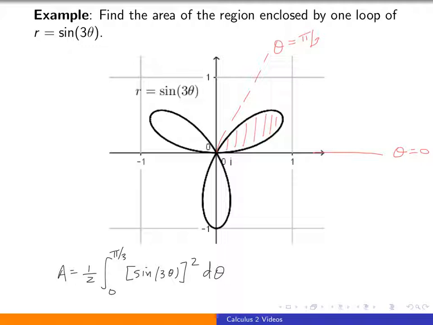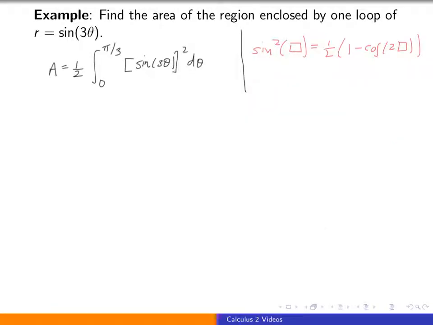So let's evaluate this integral. Once again, to evaluate this integral, it's useful and necessary to recall this double angle formula from cosine. Sine squared of something, in this case that something is 3 theta, is equal to 1/2 times 1 minus cosine of 2 times that something.